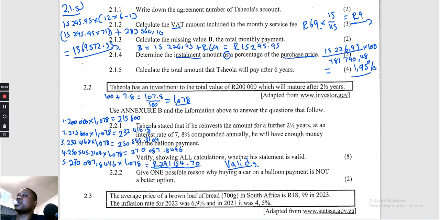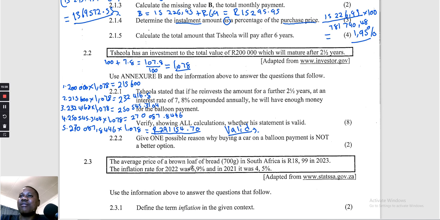balloon payment. Now the next question says, give one possible reason why buying a car on a balloon payment is not a better option. I'm not going to write it down, I'm just going to talk about it. It's because when you buy a car on a balloon payment, it makes the car more expensive, because even if you have finished with your monthly installment, you still have this huge amount that you have to pay.